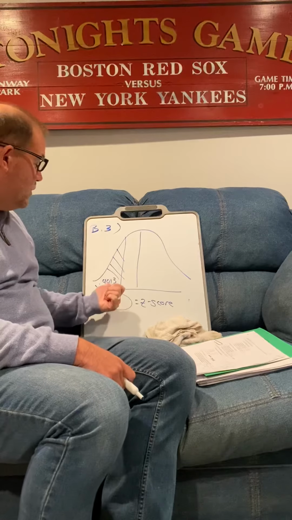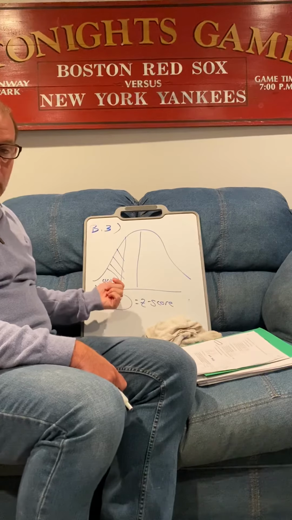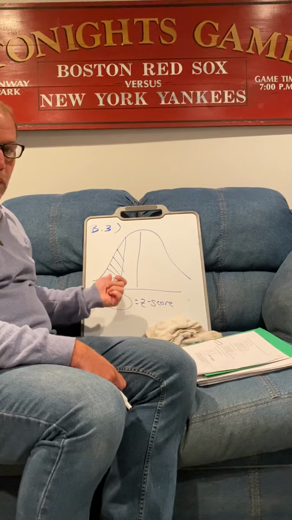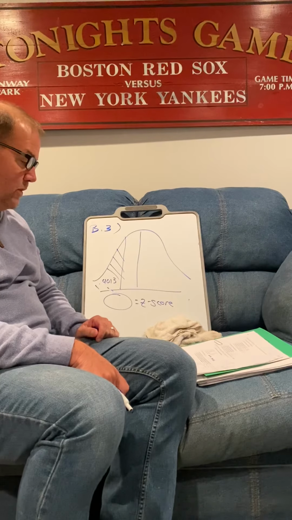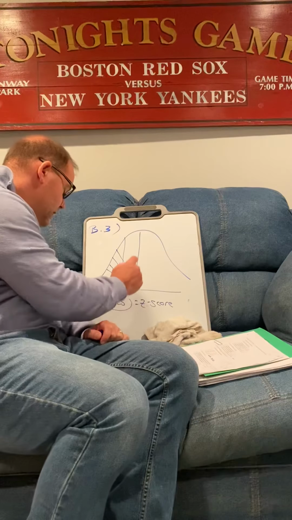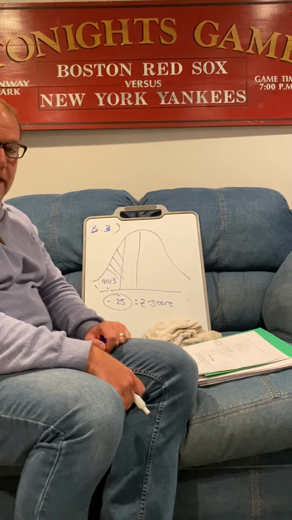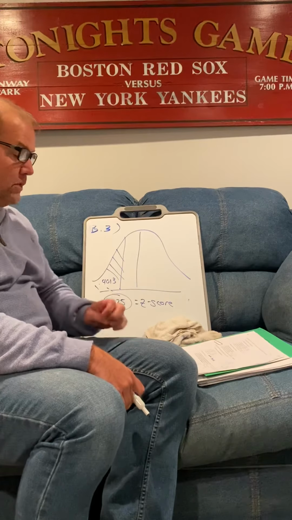All we have to do is look on the table for the value closest to that value or right on it. Sometimes the value won't exactly be there, so you take the value that is closest to 0.4013. When you look that up, you're going to get a z-score of negative 0.25. That would be our actual z-score.